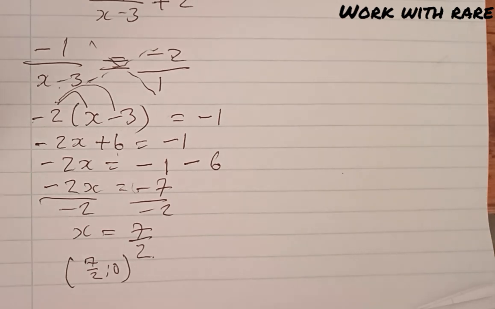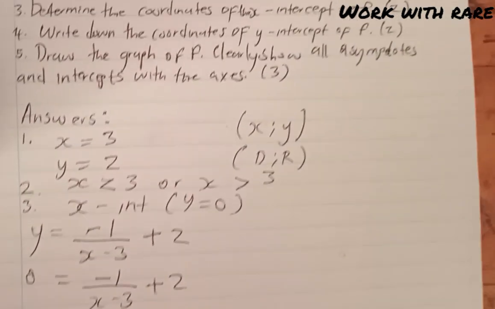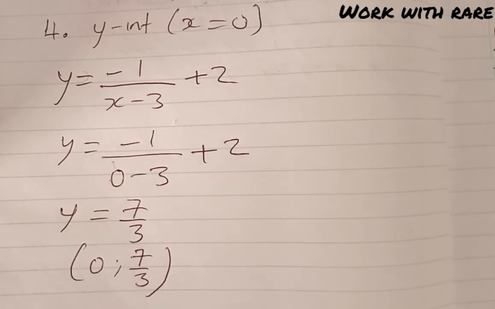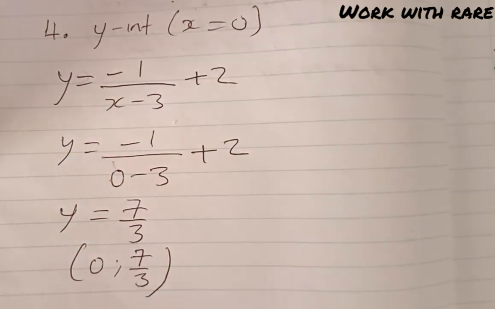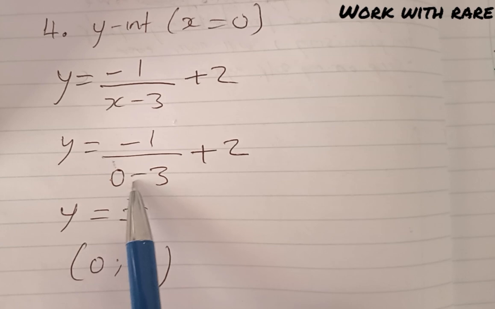Okay, so the next question, it says write down the coordinates of y-intercept of f. So here it is number 4. Remember it first, I write the function, by where I see f at x, I write y. So where I see x, for y-intercept, I have to substitute 0. So I substituted 0 here because it was x.